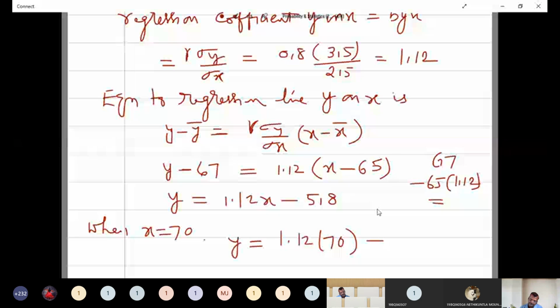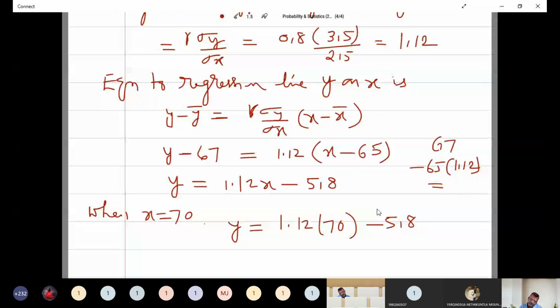So y is equal to 72.6. Very good, 72.6. This is the price in Mumbai.